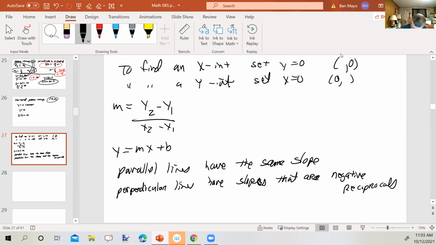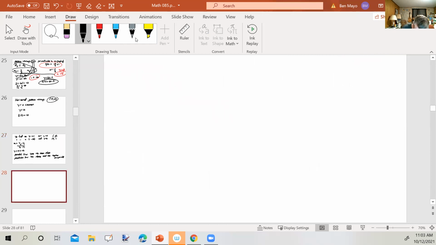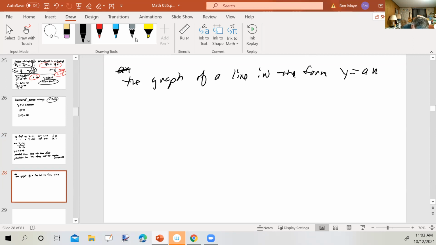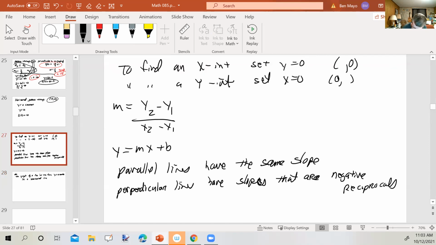Let's go to the next page and you can come back to this if you want. You can come back to it or you can always look at the video. Oh, the graph of a line in the form y equals a number or y equals a constant is a horizontal line.